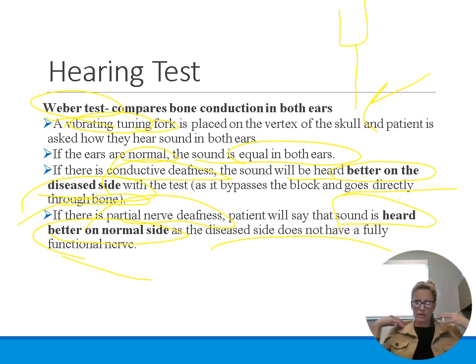So again, the conduction isn't the problem. Whether the vibrations are being felt through the bone or heard through the ear, it's the nerve itself that's not working. The nerve itself is not carrying the sound fully. So the other side that has a healthy nerve is going to hear better.